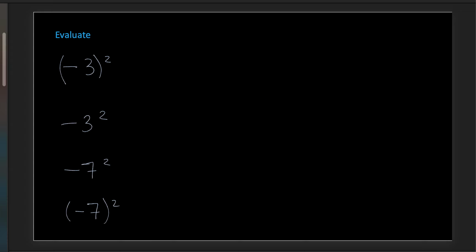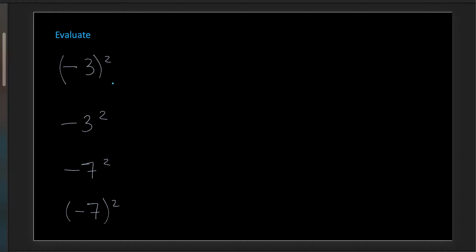Now here's 4 problems that we'll go over. So you can think we have (-3) squared like this, and we have -3 squared like this. Which one is a negative 9 and which one is a positive 9? Are they both negative or are they both positive or what?